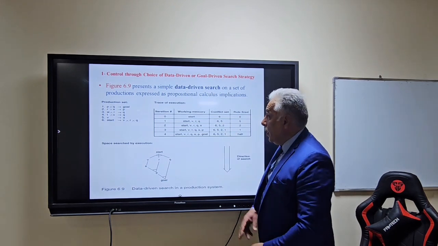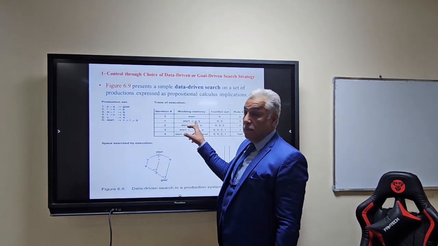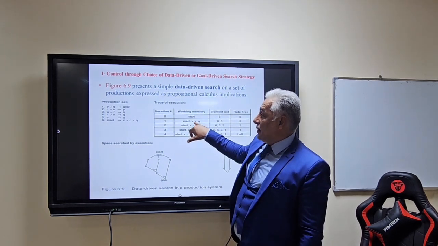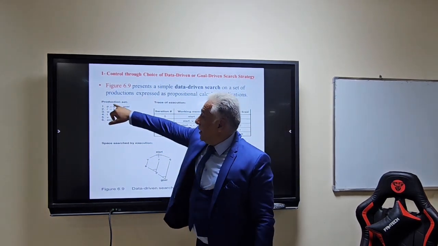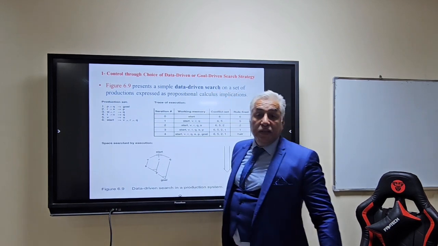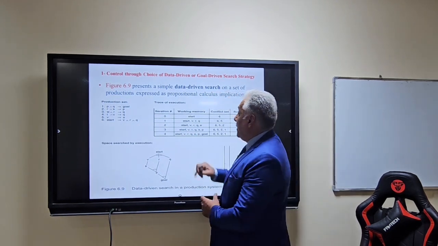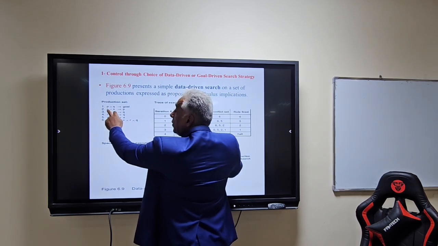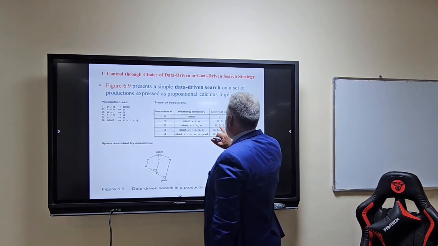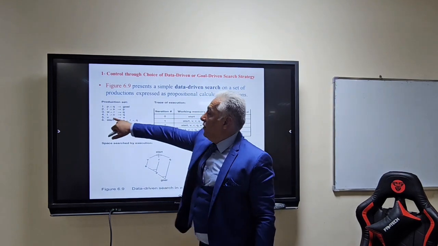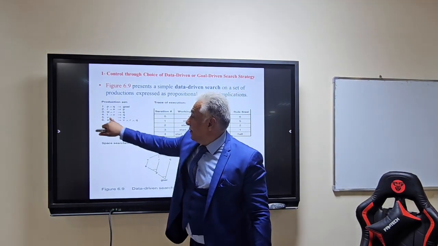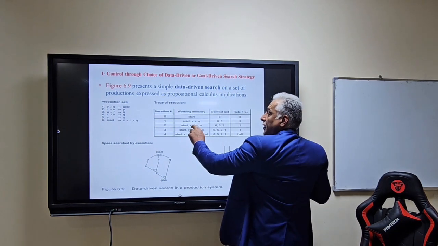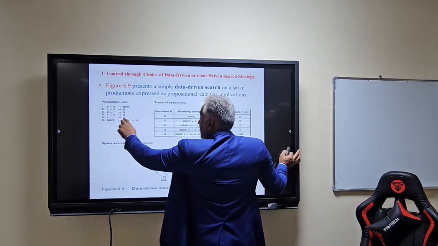Now, which one of them will be matched with the condition parts? Here, V and RQ, only V. Thus, I will use only rule 5, which has only V, and this value S is added here.